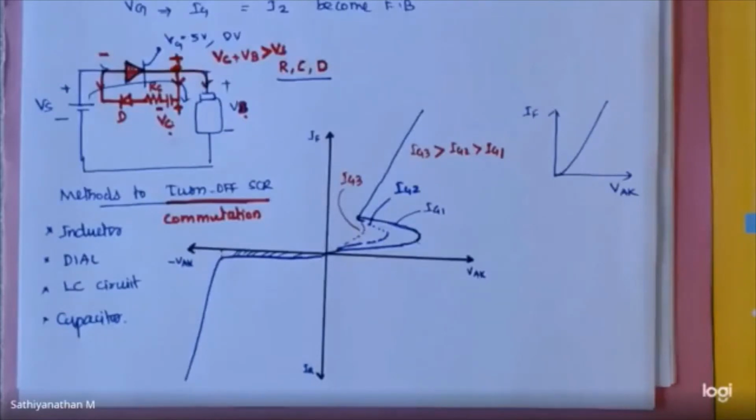We can use it for high current and high frequency applications. But the problem with that device is the turn off process. The commutation of an SCR is poor, right? So we need to take care of that while designing a converter circuit.